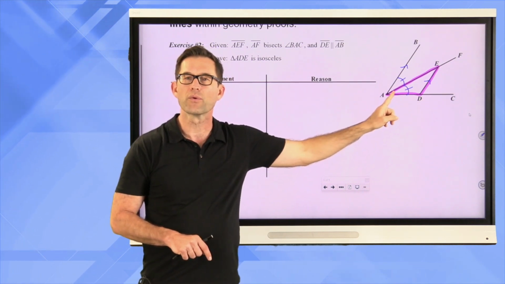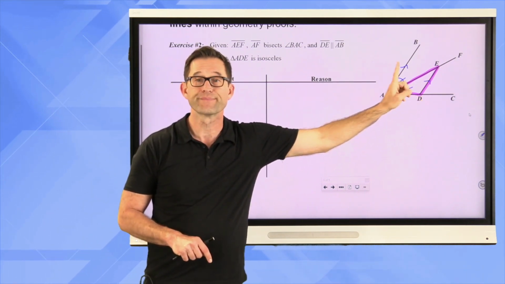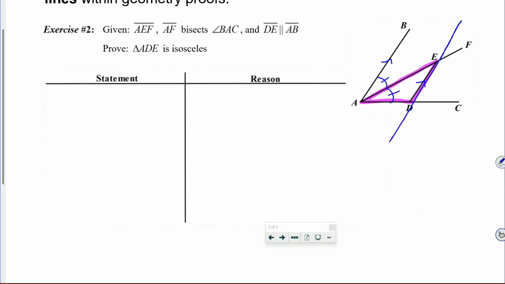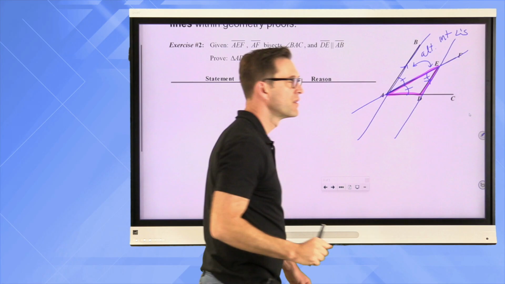Now, why in the world would those two angles be congruent? Well, I know that this line is parallel to this line and is cut by this transversal, which means that this angle must be congruent to this angle, because they're alternate interior angles.